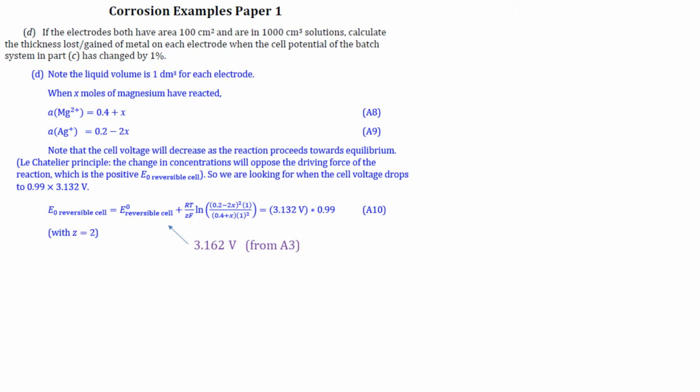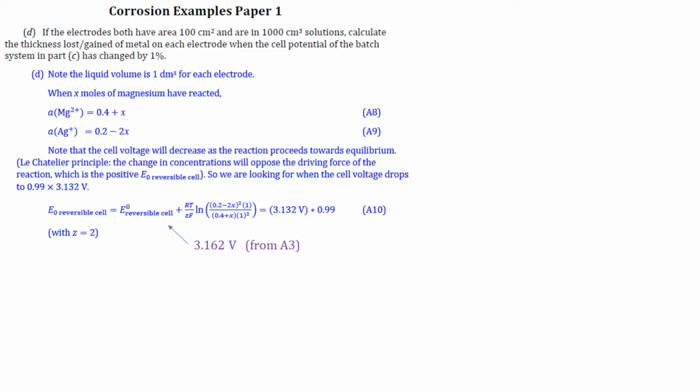Oh, one last thing about question 1. Part D asks us to consider the new concentrations when the cell potential has changed by 1%. Of course, we know this is going to be a decrease to 3.101 volts from the original 3.132 volts, because Le Chatelier's principle says as the reaction proceeds towards equilibrium, the change in concentrations will oppose the driving force for the process.